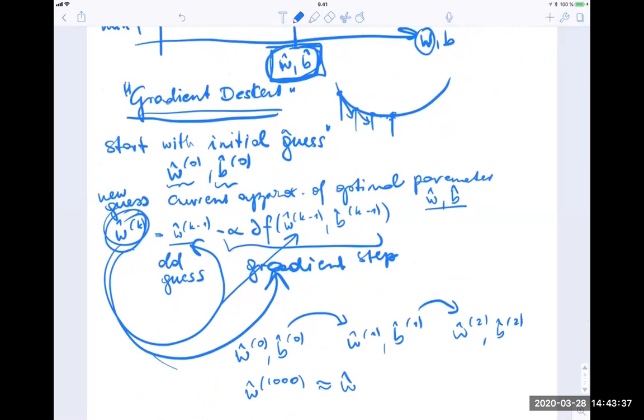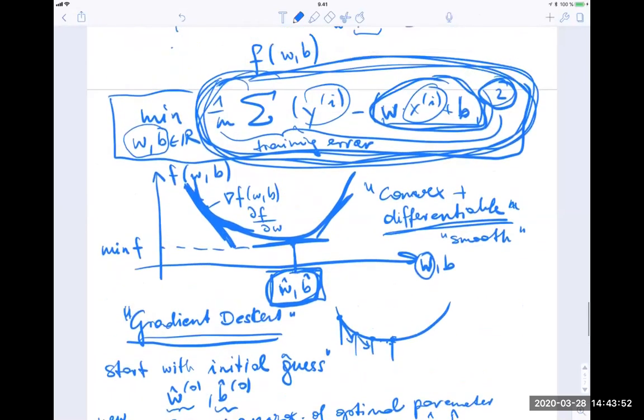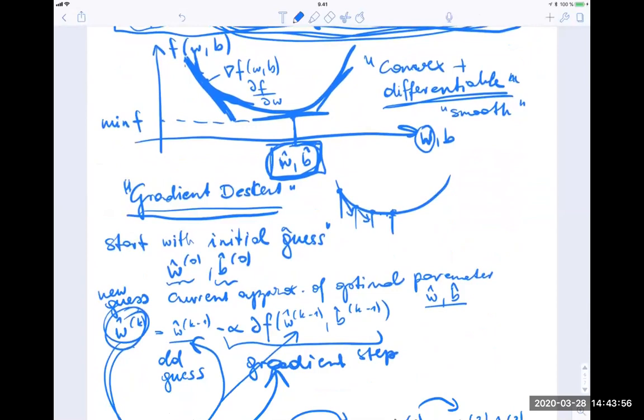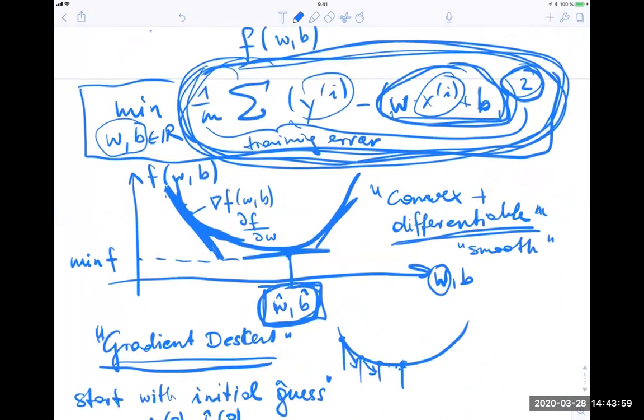Okay, so there was one question from a student, which is, what are the alternative hypothesis spaces we could use for this data set and why would we choose particularly linear predictors? One reason why we would choose linear predictors is because we can solve this optimization problem easily.